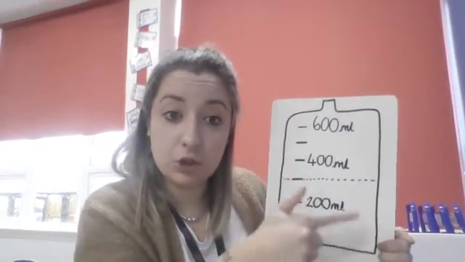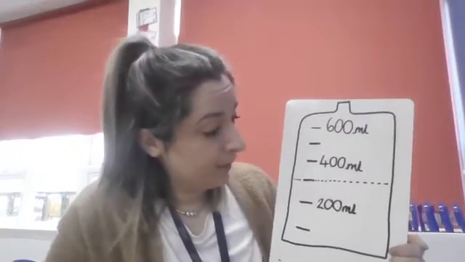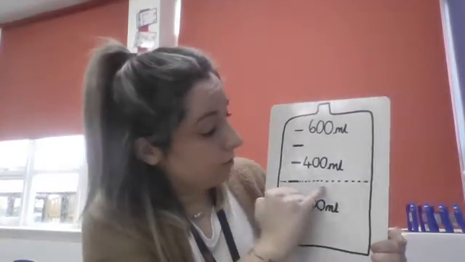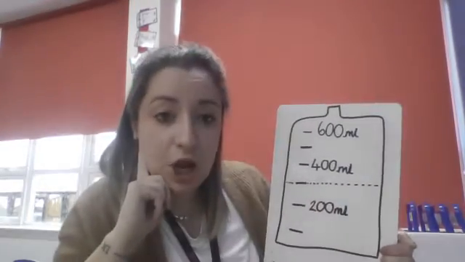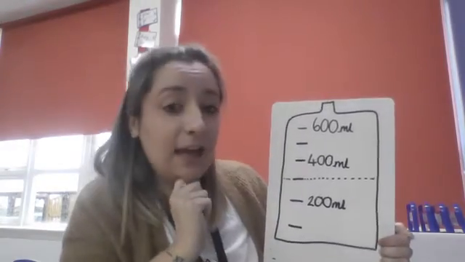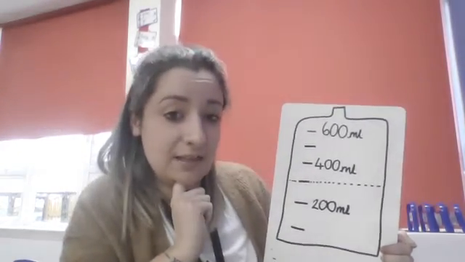So we're right, we are jumping up in hundreds. Now the dotted line is where my liquid is sitting up to. It's going up to this line here, and I want to know how much liquid is in that container, measuring in milliliters.